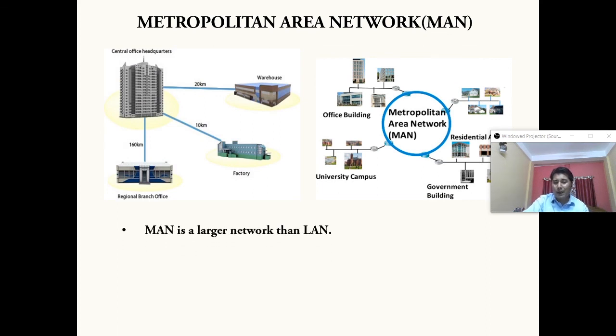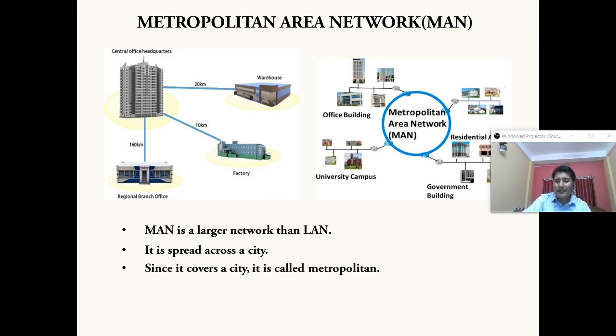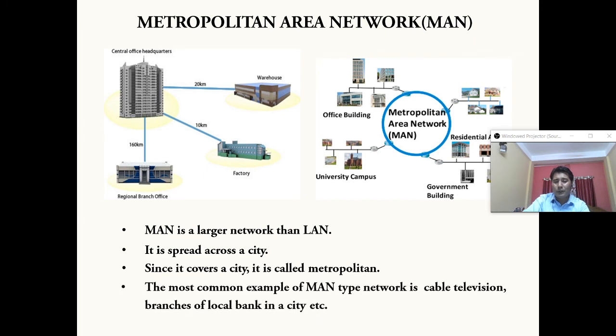So MAN is a large network as compared to the LAN, and it is spread across the city. Since it covers the city, it is named metropolitan. The most common examples of the MAN type of network are cable television and the branches of the local banks in the city.